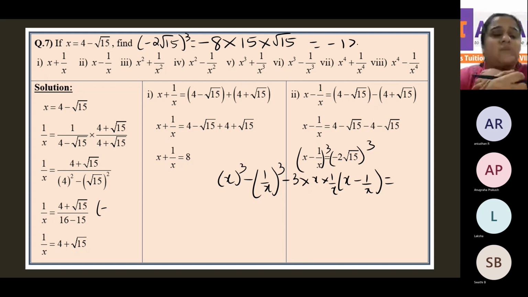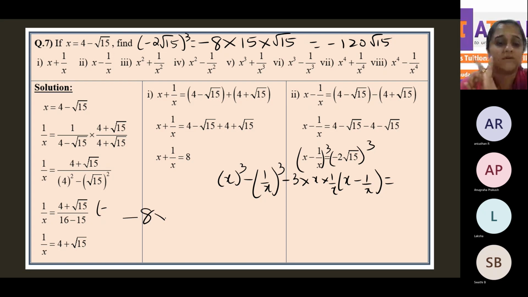You need to multiply the same thing with itself 3 times. Minus taken 3 times is minus. 2 multiplied with itself 3 times, 2 into 2 into 2 is 8. Root 15 into root 15 is 15, and there's another root 15, no?